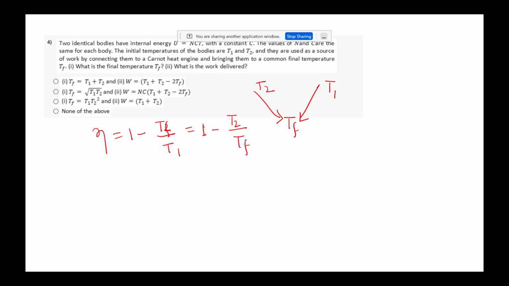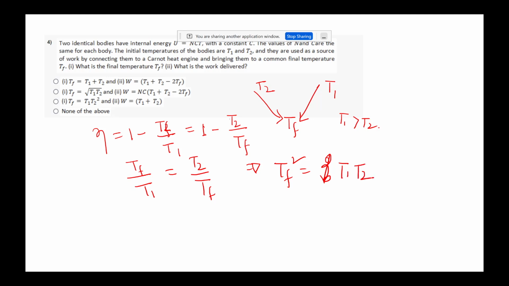Let's say I am taking T1 greater than T2 like this. Then Tf squared is T1 T2, and that makes Tf equal to the square root of T1 T2. Temperature cannot be negative because of the absolute scale, so that will be the positive root.